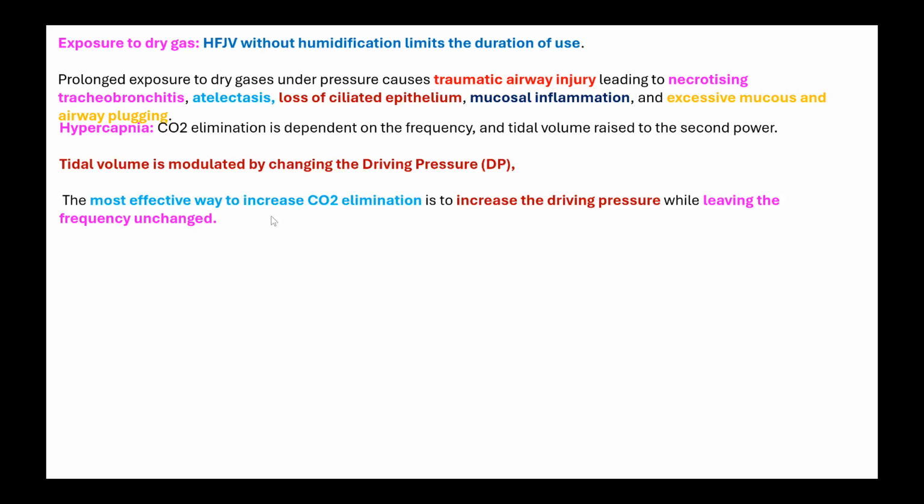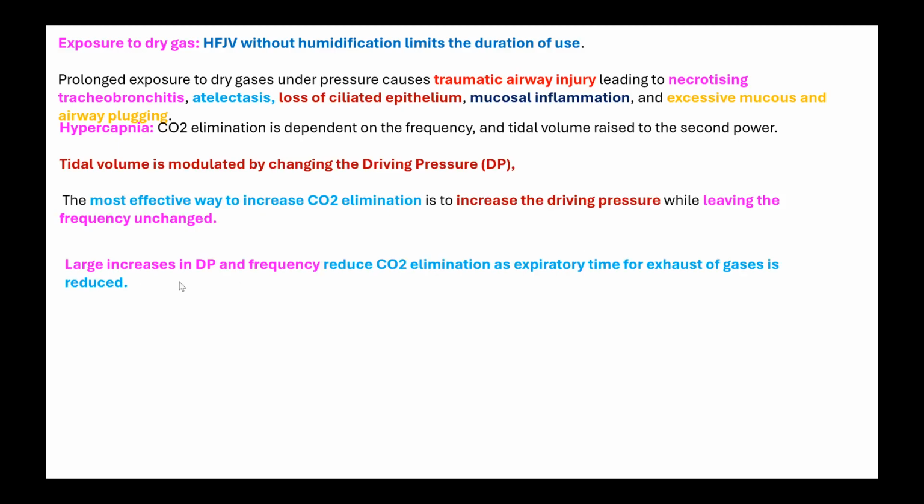The most effective way to increase CO2 elimination is to increase the driving pressure, leaving the frequency unchanged. And large increases in driving pressure and frequency reduce CO2 elimination, as the expiratory time for exhaust gases is also reduced. So it should be at the ideal rate so that you can eliminate the CO2.